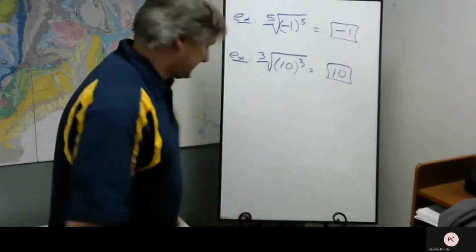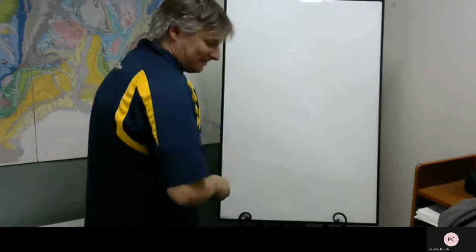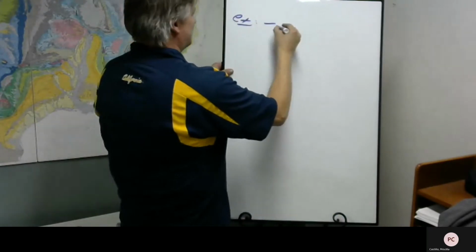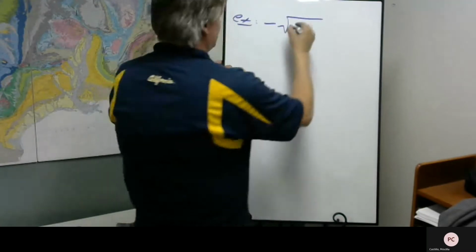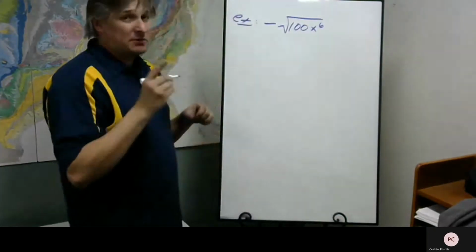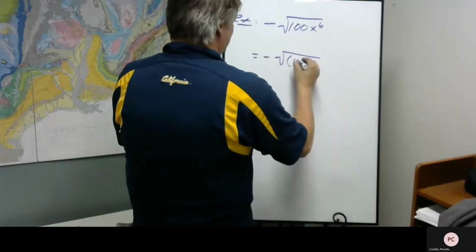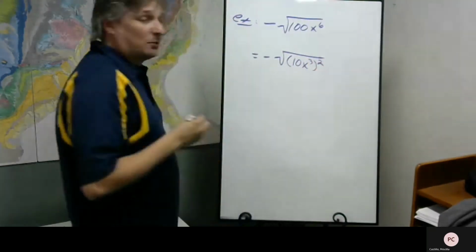Now these get a little more complicated. Let's say we have this. Now what you can do with this, you can rewrite it as 10 x cubed squared.